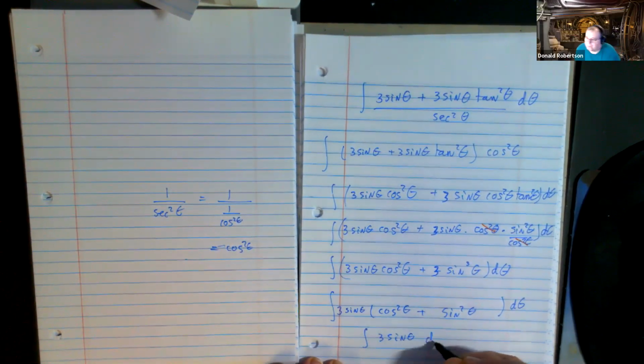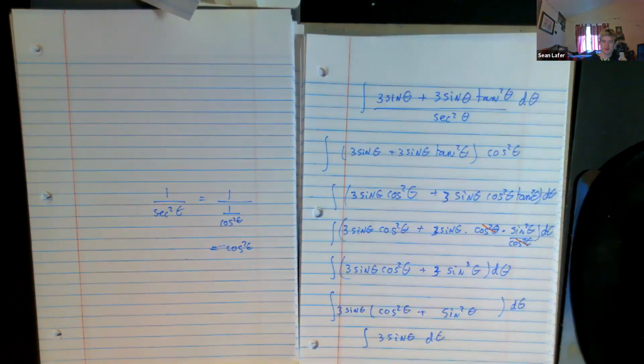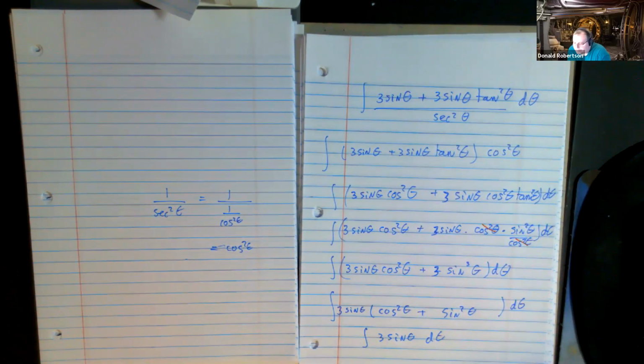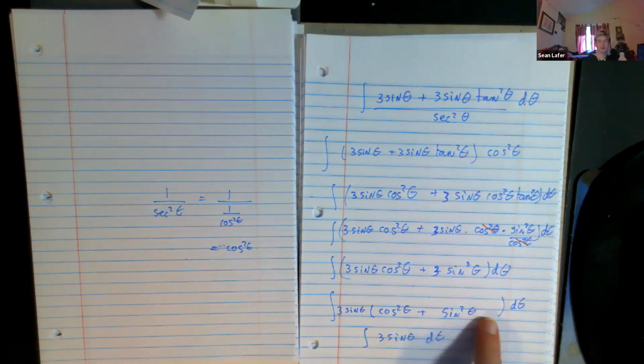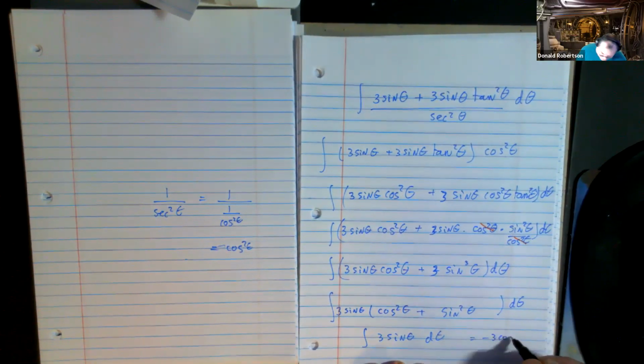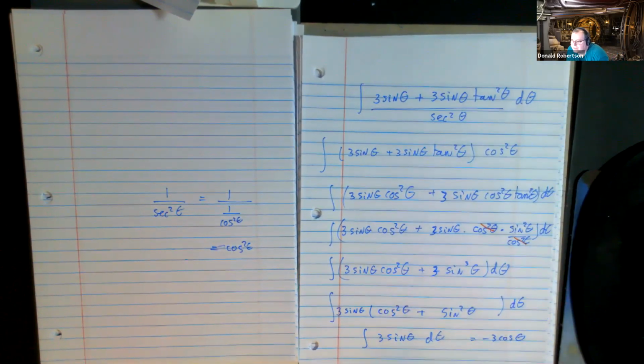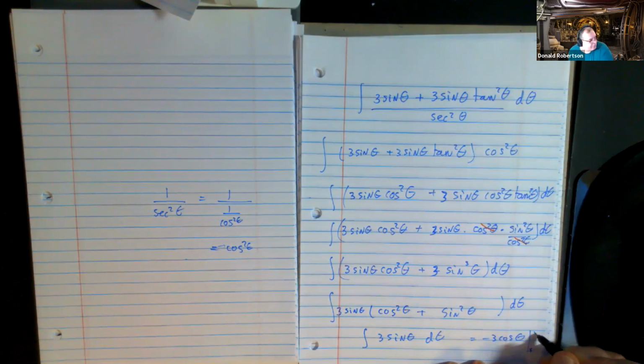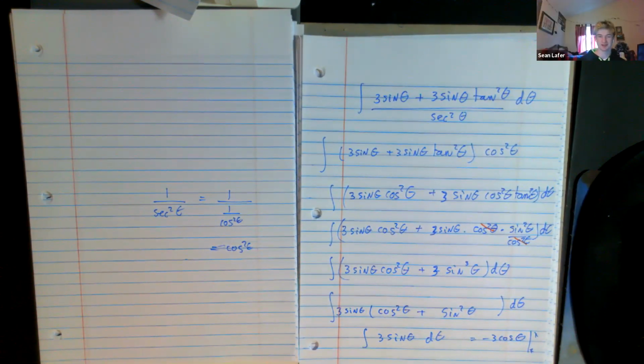One. Sine squared plus cos squared is 1, but cos squared plus sine squared is the same thing, so it's also 1. So you just get 3 sine theta times 1, which is this. And you're finished. Well, you plug in some x's, but I've given up writing those down. Okay, yeah, that makes sense now. Thank you.